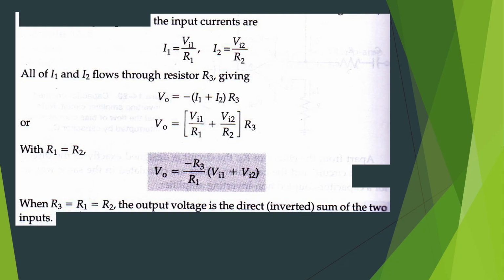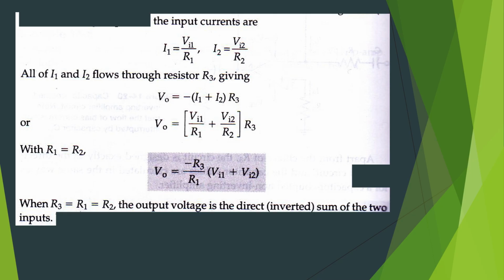V0 equal to minus (VI1 by R1 plus VI2 by R2) into R3. With R1 equal to R2, V0 equal to minus R3 divided by R1 into (VI1 plus VI2).